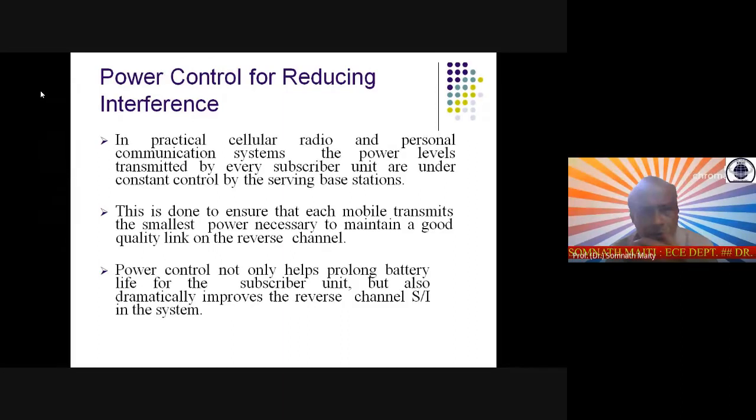If you are nearer to the transmitter, the base station controller will send a control signal such that you will transmit less power because you are near. But if you move away from the antenna, it will send a control signal such that you will transmit more power, because you are far away and need more power to transmit your signal. So this is the power control strategy. The power control strategy is under the supervision of the base station system.